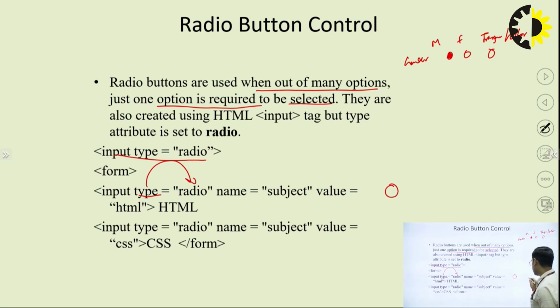Regarding this, a button is created, and what is the value regarding this? This is the HTML and this is your CSS. So among all of these options, you can select one particular option, either HTML or CSS.